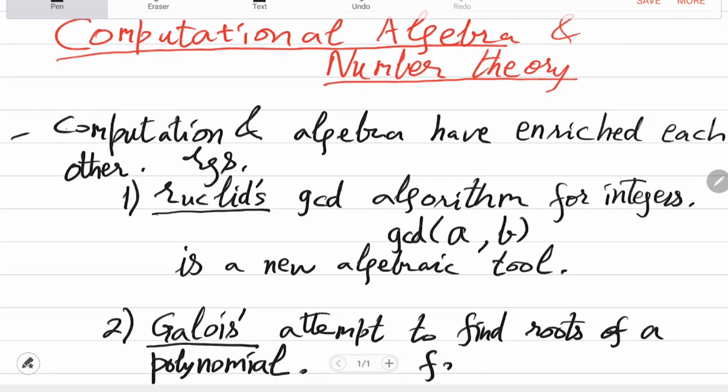So suppose you are given a polynomial f(x) = x^2 + 3x + 1. Okay, so the presentation is simple, but what are the roots of this? So that is not completely trivial, at least it was not really trivial 1000 years ago.